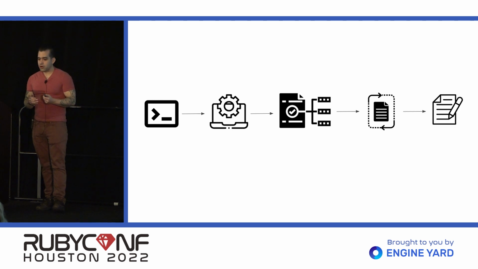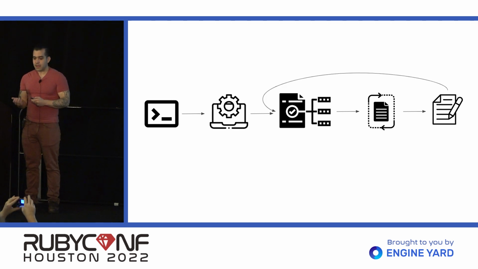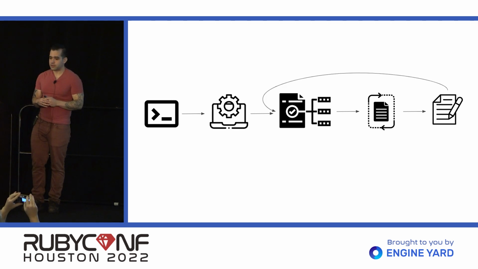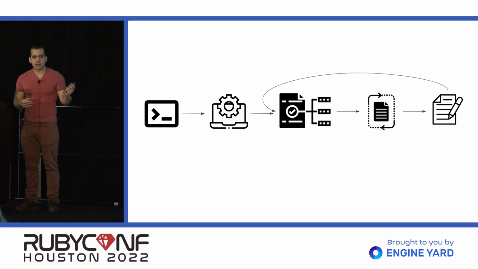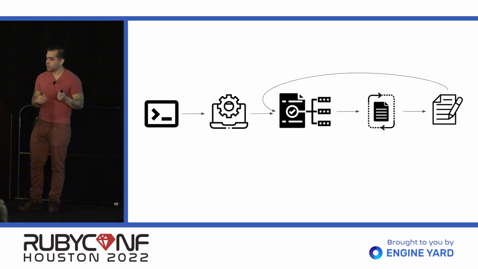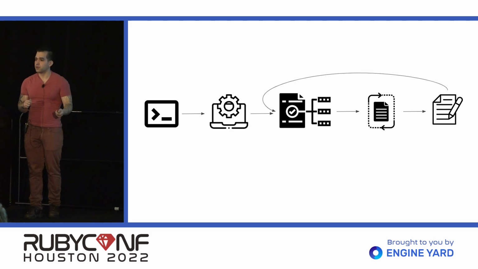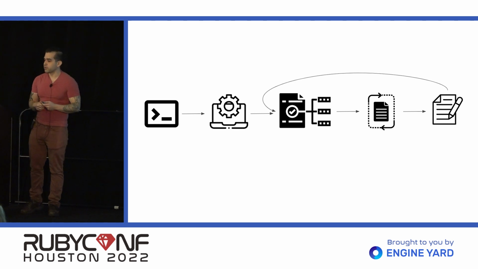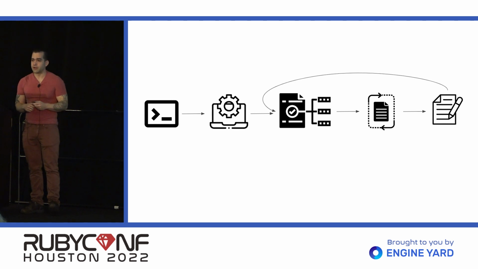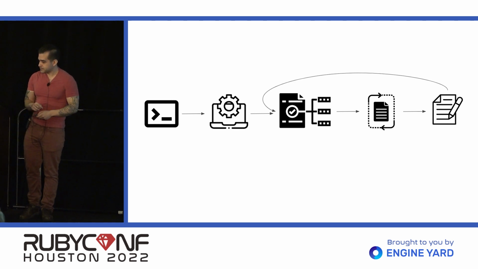And if there are, it can rewrite that source code and change the file, and then it will loop back once it's finished changing the file and potentially start again. And this loop is important as multiple different cops can adjust the same line of code. And so you may need to process the code a couple times. Also be wary of getting into infinite loops. So we'll break down this process into these steps.